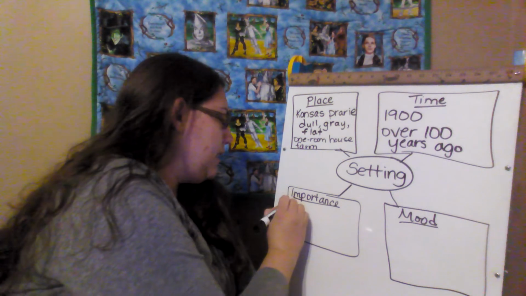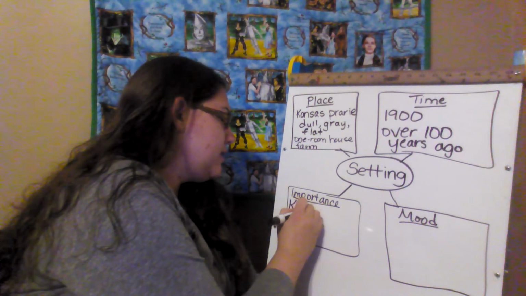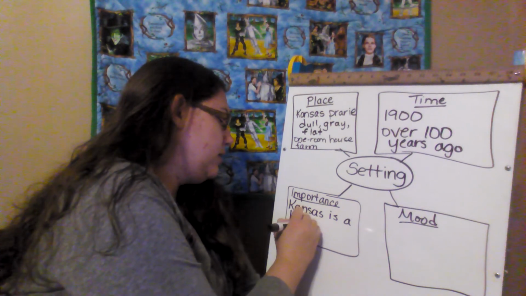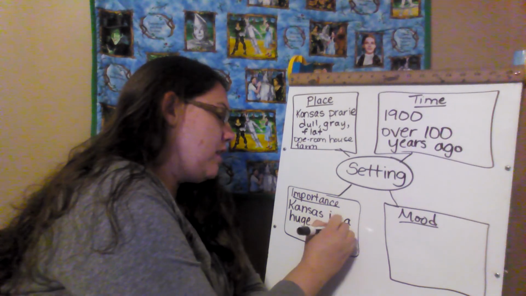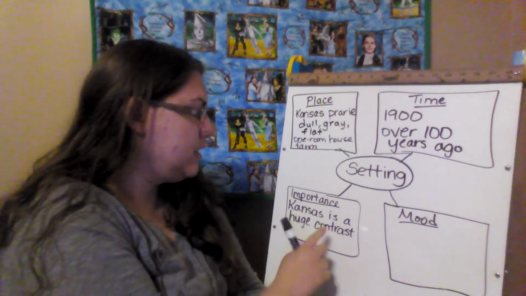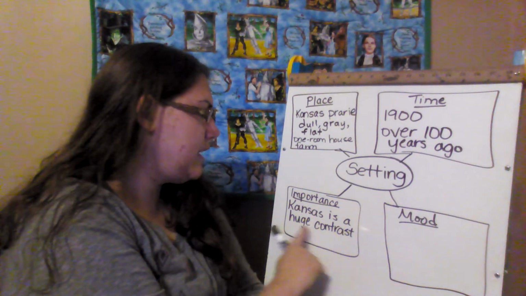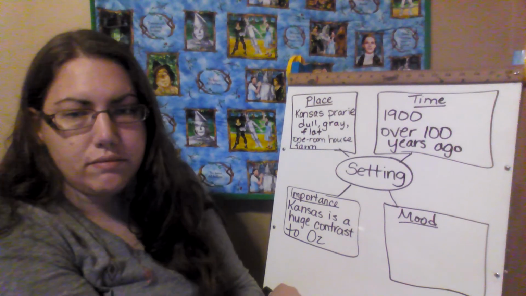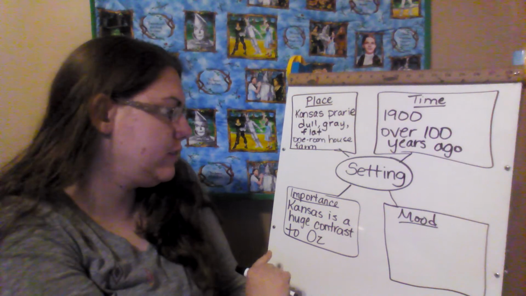So Kansas is a huge contrast. Remember, contrast means how they're different. Remember, compare and contrast? Contrast is the differences. So Kansas is a huge contrast to Oz. It's going to show how different they are.